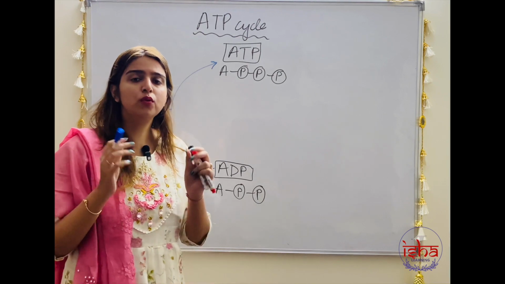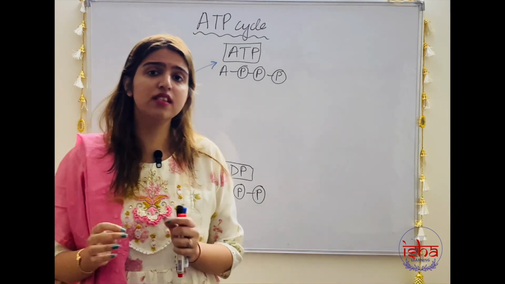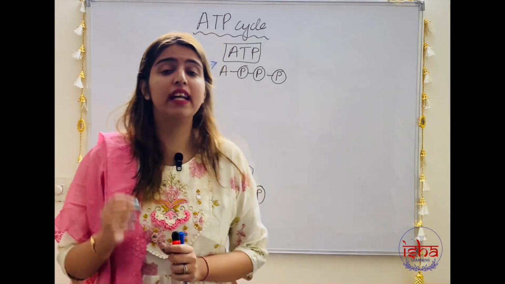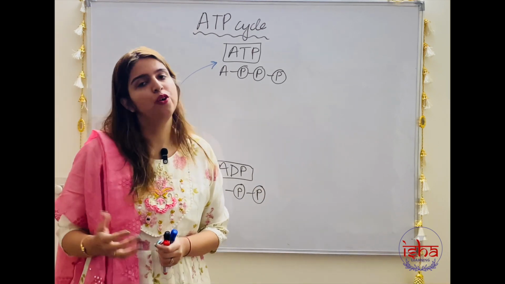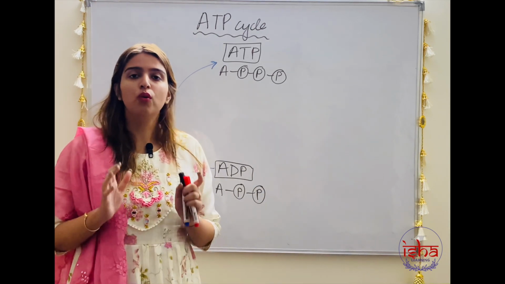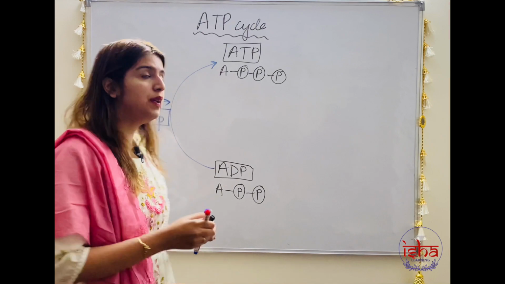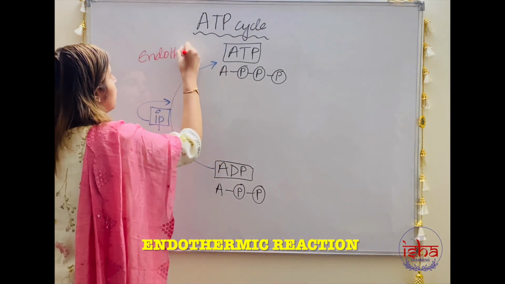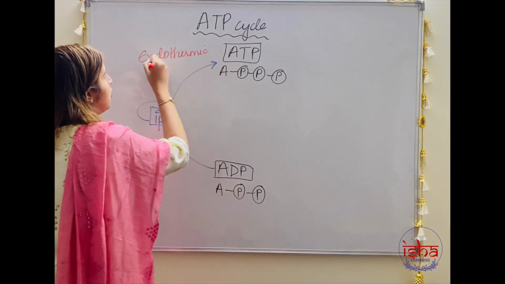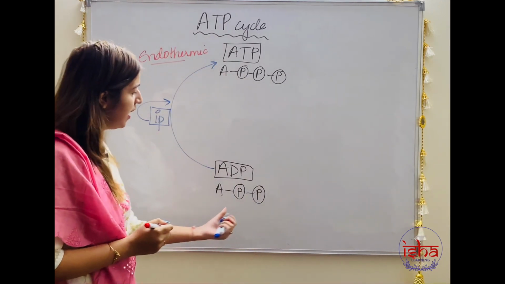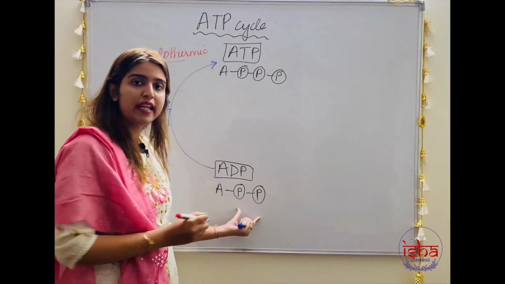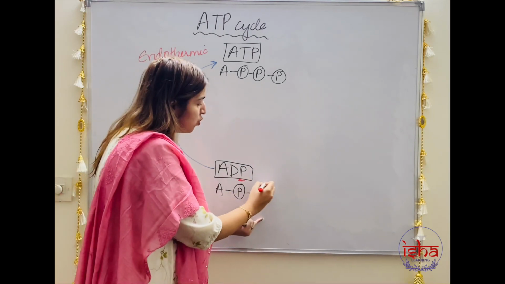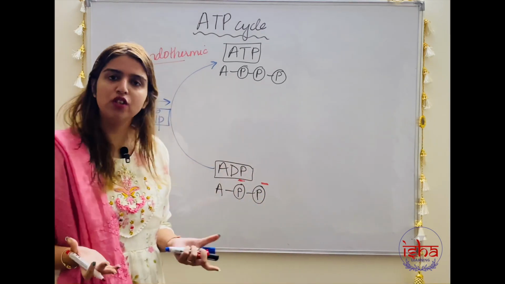Now if you were to take a guess, is this an endothermic or an exothermic reaction? What would be your answer? Well, you would expect this to be an endothermic reaction. Why is it so? Well, this is an endothermic reaction because I already have 2 negatively charged phosphate groups present adjacent to each other.